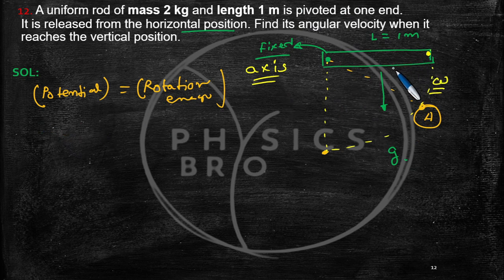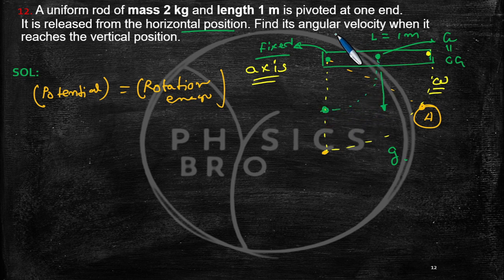Really, the potential energy will act on the body, on the mass, and the mass is centered at some point. We say this is the G point or center of gravity. The center of gravity shifts from here.